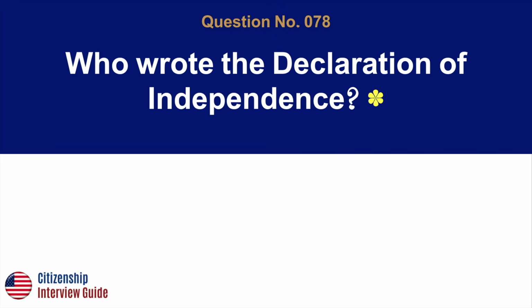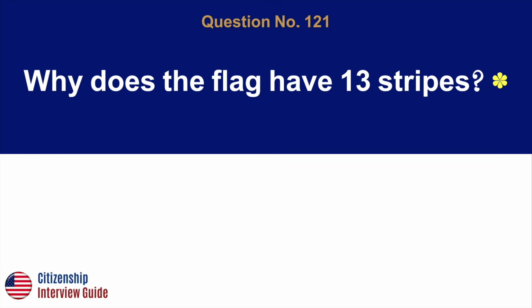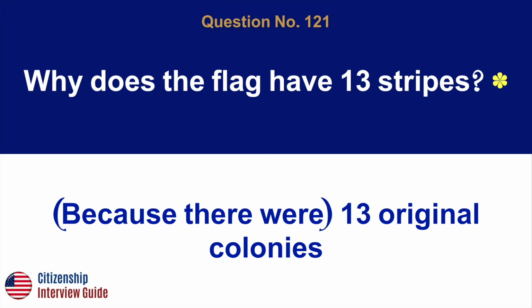Who wrote the Declaration of Independence? Thomas Jefferson. Why does the flag have 13 stripes? Because there were 13 original colonies.